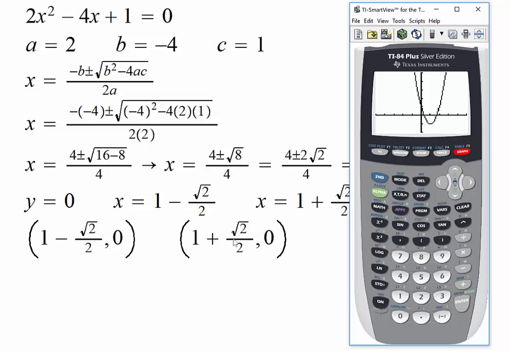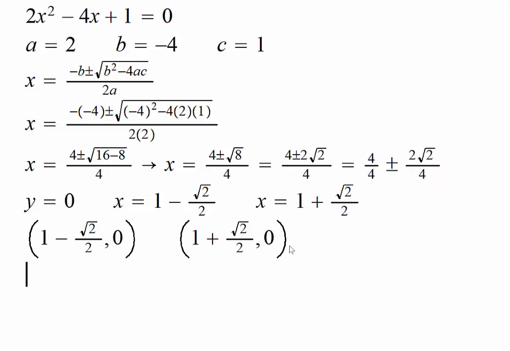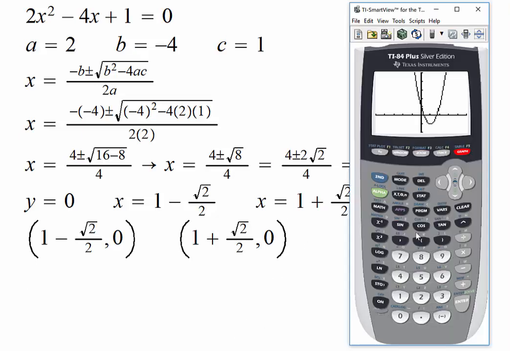You can get the intercepts by doing this. Just go to second calc, we are just verifying it, and this will be the zero of this quadratic. What it means is the value of x that makes the function equal to 0. So first we are going to find this value.